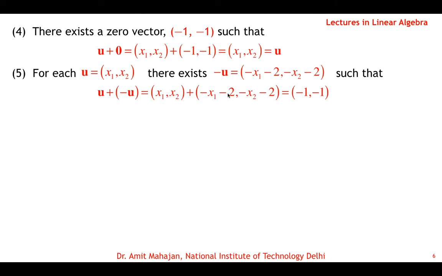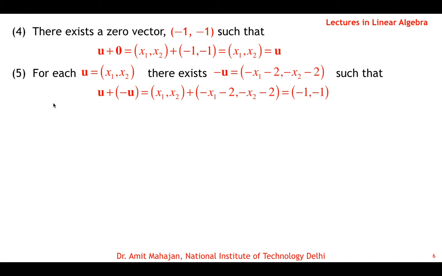Then the addition says that the first element is added to the first element plus 1. So x1 minus x1 minus 2 plus 1, so x1 will cancel out and minus 2 plus 1 is -1. Similarly, second element plus second element plus 1, so x2 minus x2 minus 2 plus 1. Again you get -1, so clearly you get this zero vector. So the fifth property is also satisfied.